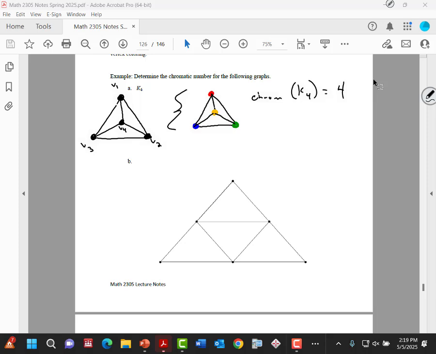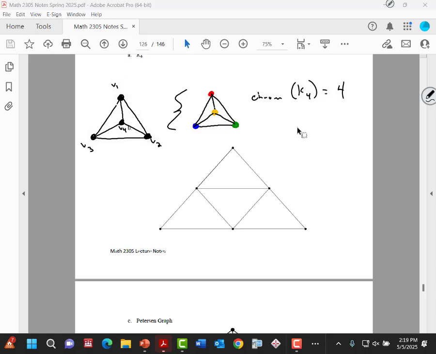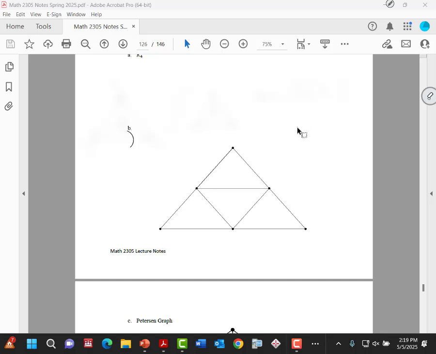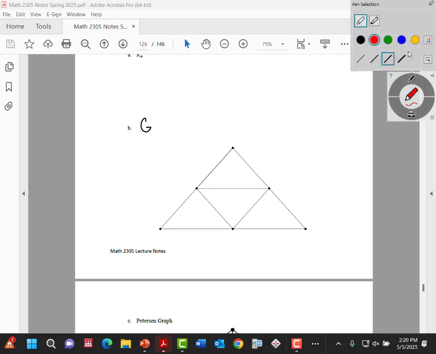Okay, let's slide down and take a look at this next graph right here. Okay, I don't know if this graph has a name per se, but let's take a look at it. We'll just call him G. Now, we can label these vertices however I want to, but I'm going to begin to color this graph.